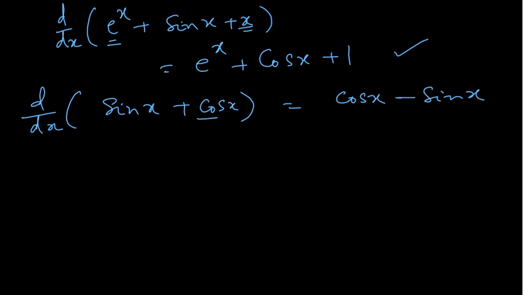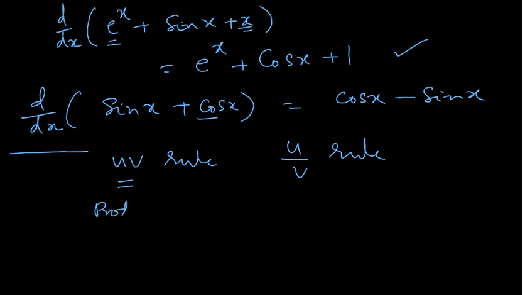Okay, good. Now there are something called further rules. The rules are the UV rule and the U by V rule. What does it mean? The UV rule is used when you have a product of two functions.